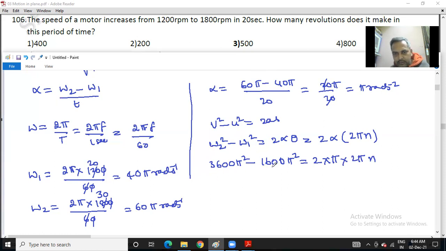So now this is going to be 2000 pi square is equal to 4 pi square n. So pi square gets cancelled. 4 into 500 times. So n is equal to 500. So in this 20 seconds duration, it completes 500 revolutions.